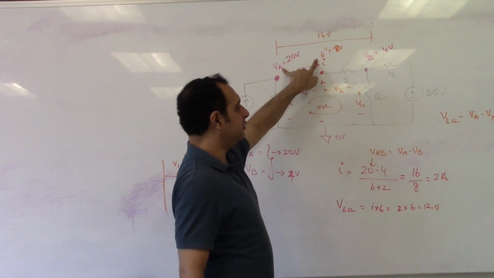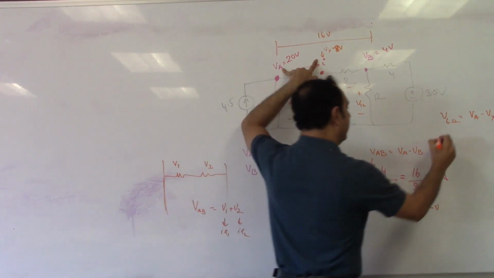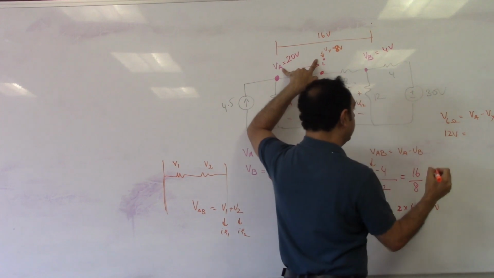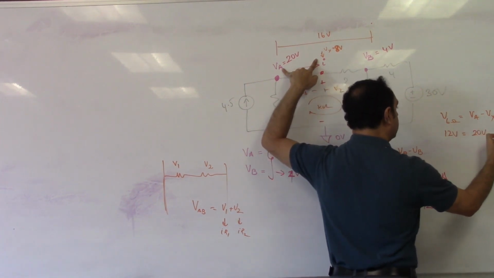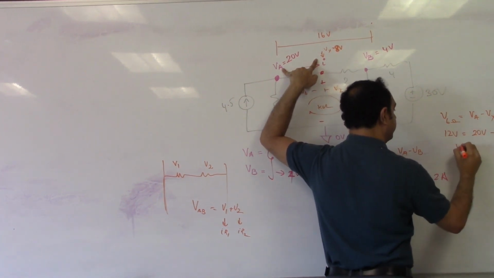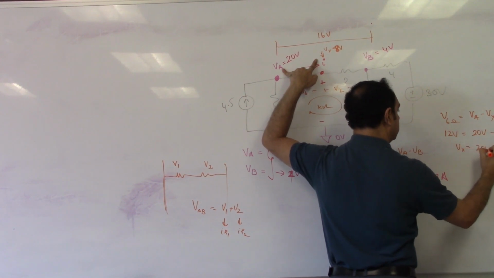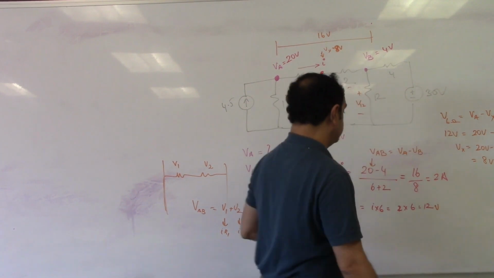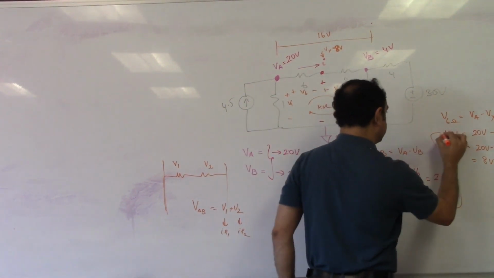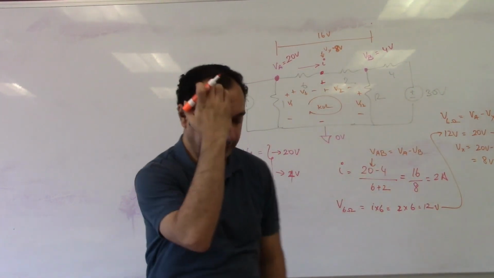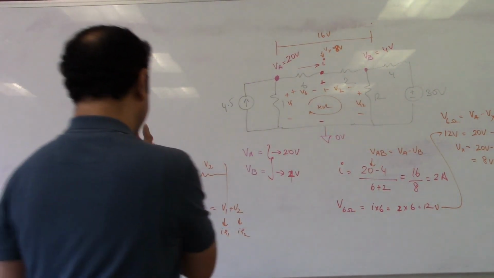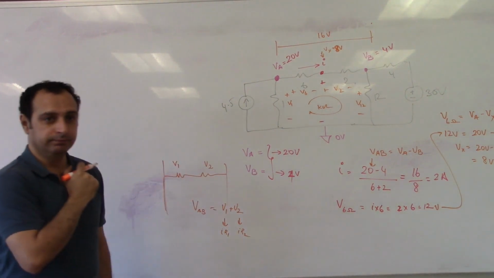That is the drop across the 6 ohm resistor, which is equal to 12 volts. VA is 20 volts minus Vx equals 12, so Vx will be equal to 8 volts. This is how you get to 12 volts. This is a simple way of doing it. If you want, you can even try the KVL.